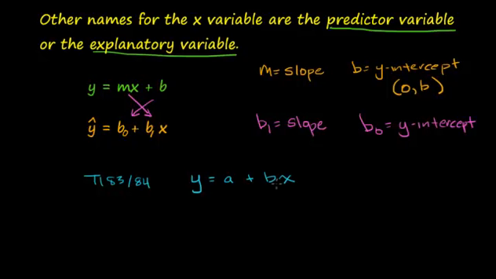Here b is your slope and a is the y-intercept. Using this technology, the calculator will give you a b value and an a value, but we do need to understand where those go. B is representing our slope and a is representing our y-intercept.